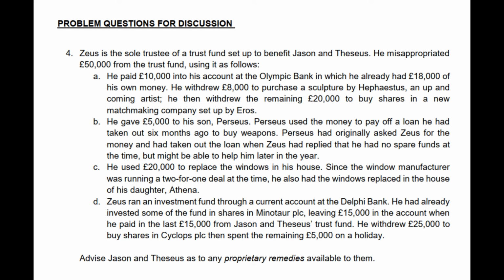Which leads us to the question of Athena, and the same problem exists here. If the value of her property has increased, then we will be able to trace. But if we are claiming against an innocent party whose property hasn't increased in value, then again applying re Diplock, the money has to be viewed as dissipated.